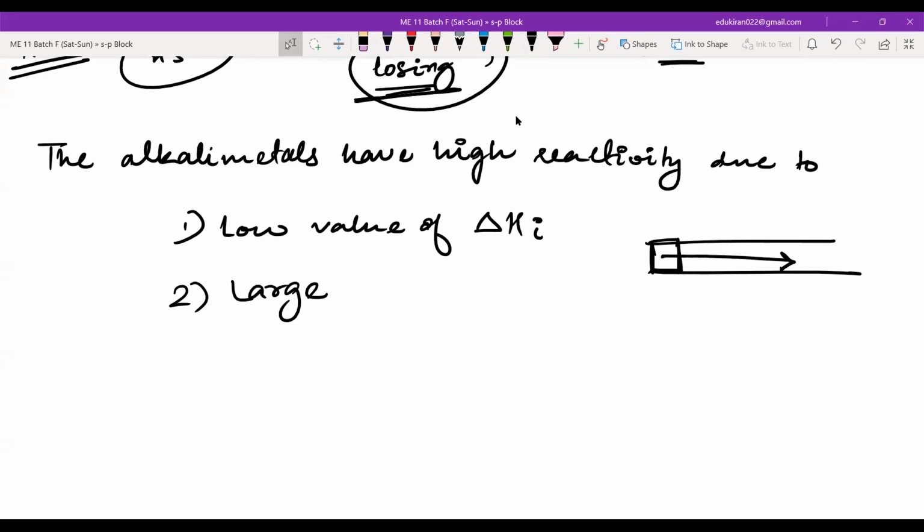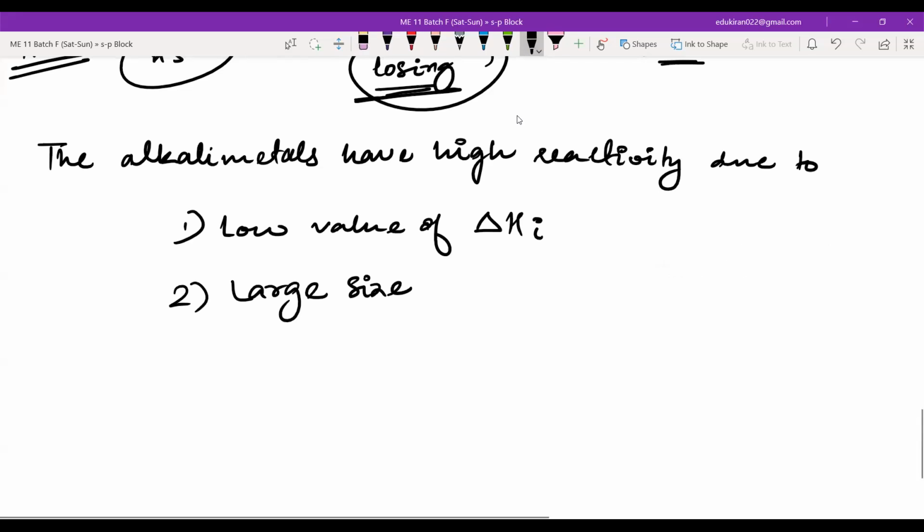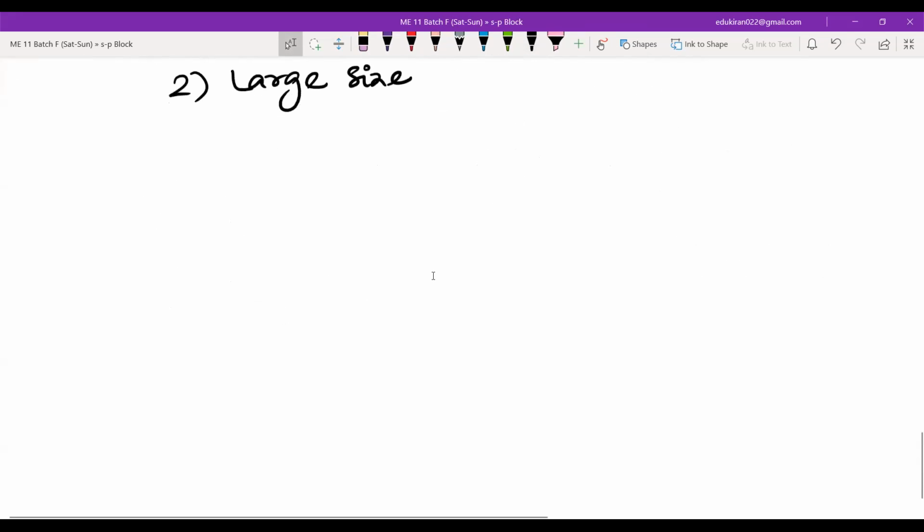So they have comparatively large size. And these are the two main reasons for the high reactivity of the group 1 alkali metals. Okay, and this is the most prominent reason, that is the low value of ionization enthalpy.